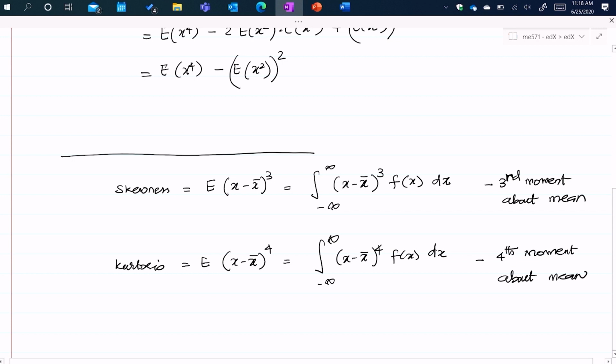So variance itself, as I described, is very challenging to estimate. Skewness and kurtosis are even more challenging to estimate, and that's the reason why they're usually not used in engineering practice. For every variable, it's very hard.